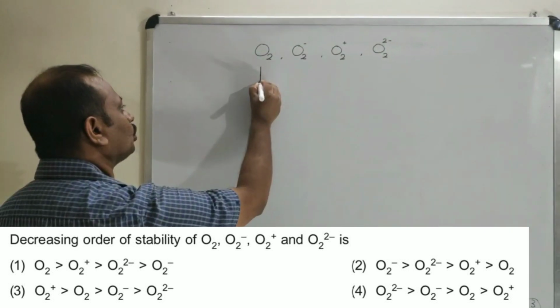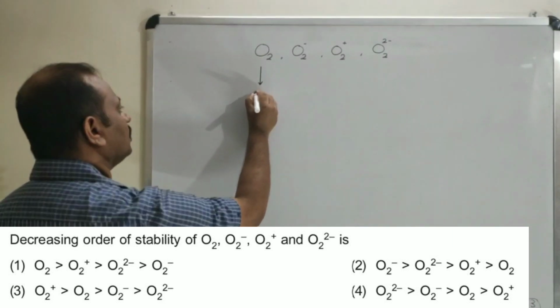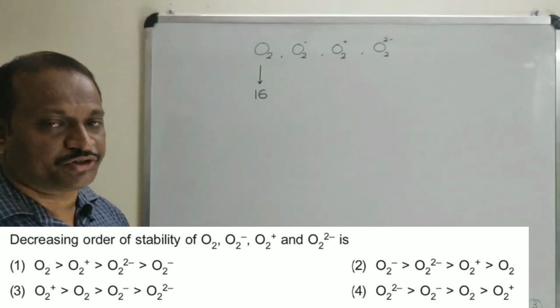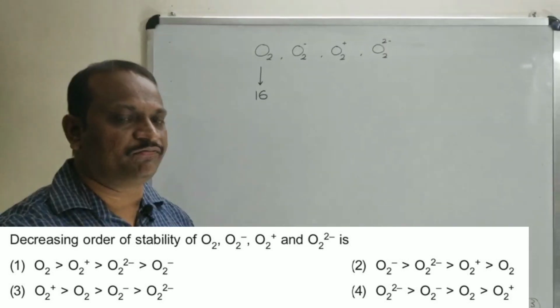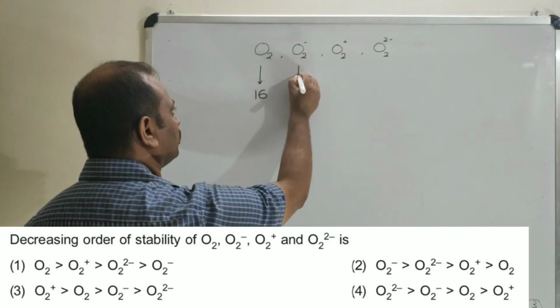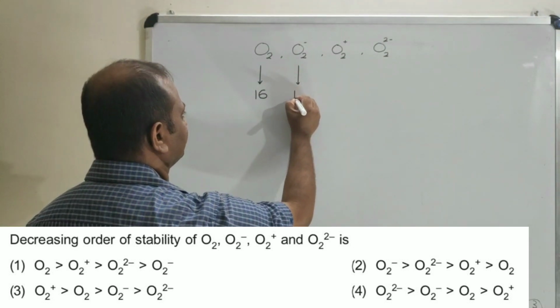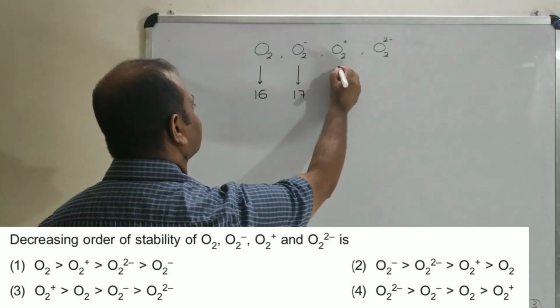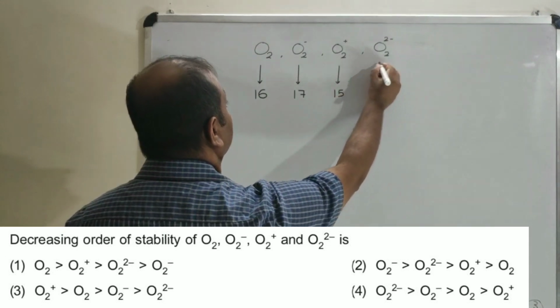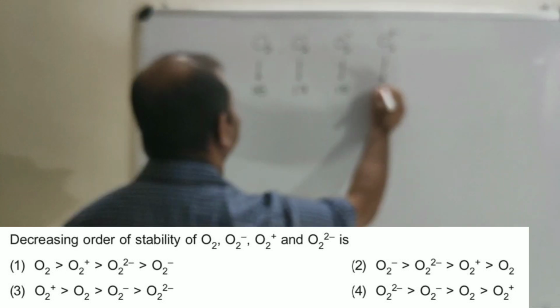So what is the total number of electrons here? Obviously, it is 16 in the first case, next 17, next 15, next 18.